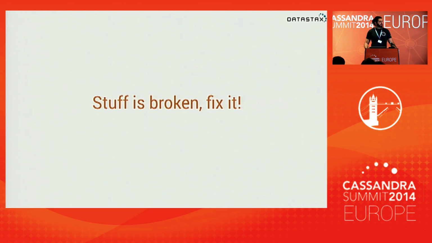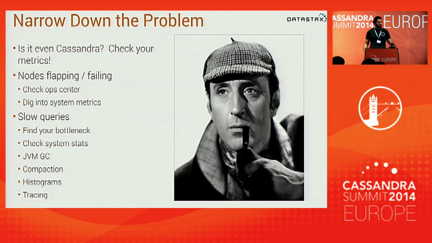So what do you do when you get the call, stuff's broken, please fix it? We're going to narrow down the problem. You want to ask yourself, is the problem even Cassandra? With all the metrics and logging we have put in place, you should be able to know which part of your system is actually broken, which one's throwing the errors, and where they're coming from. If it is Cassandra, are nodes going up and down?